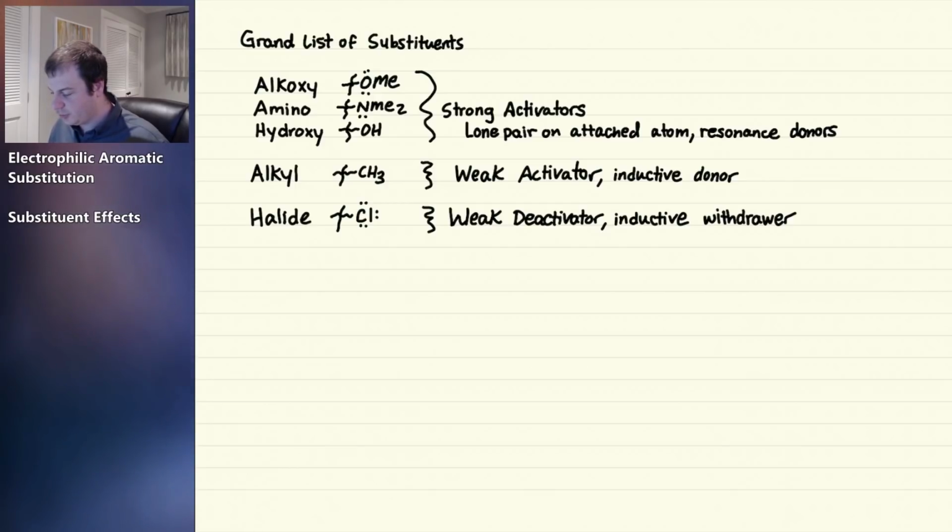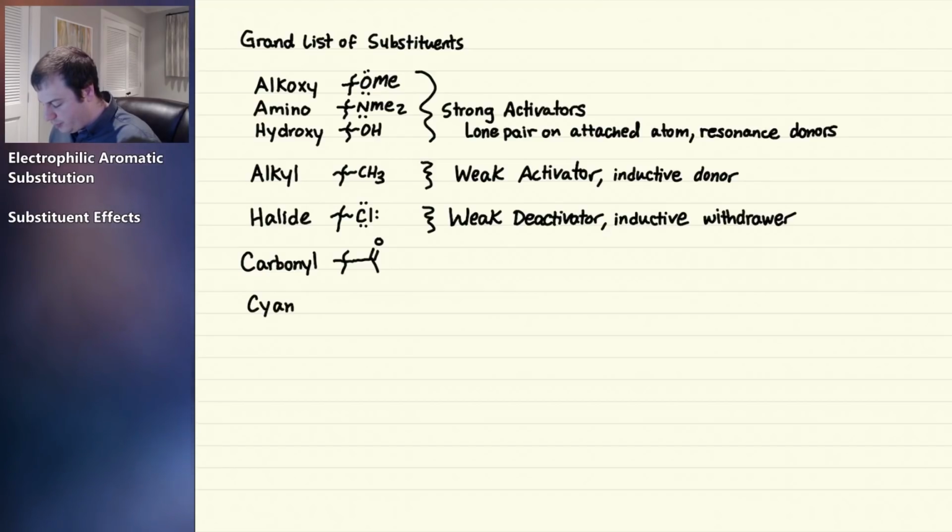Okay. Now let's look at a few strong deactivators. We have things like the carbonyl. A carbonyl group could be something like a ketone attached to the ring. That's going to have a resonance effect that sucks electron density out of the ring. Cyano group could be like a CN triple bond, would be a strong withdrawing group.